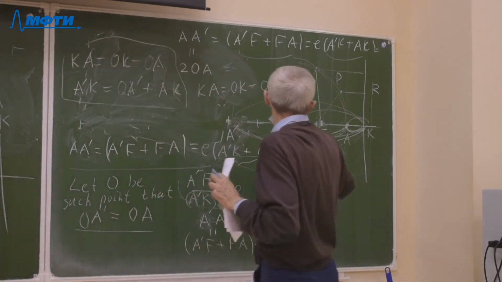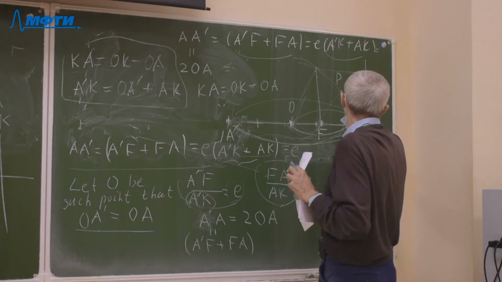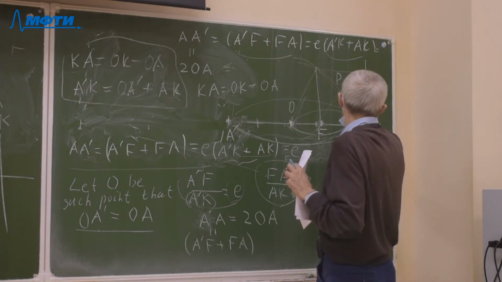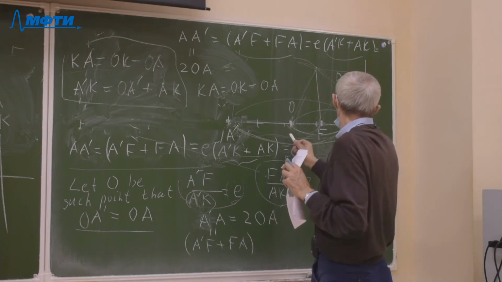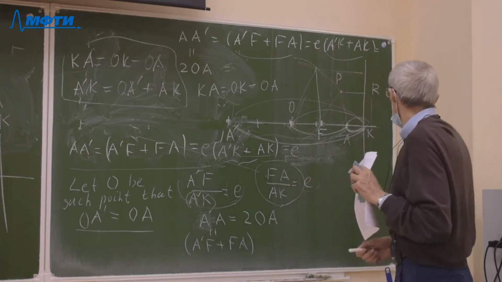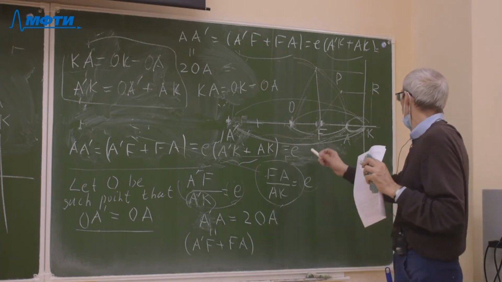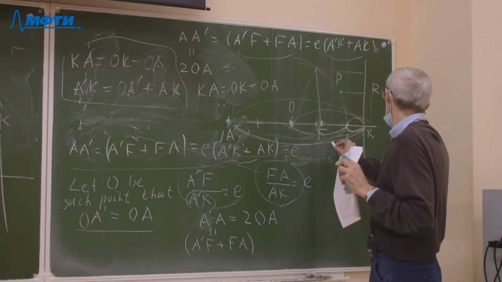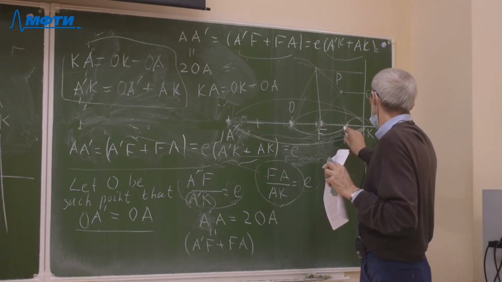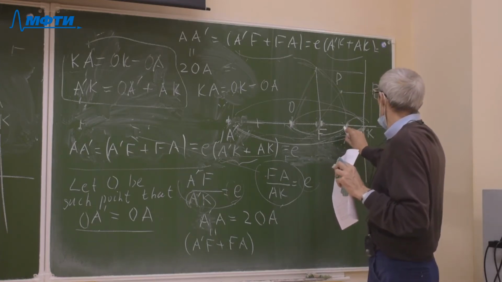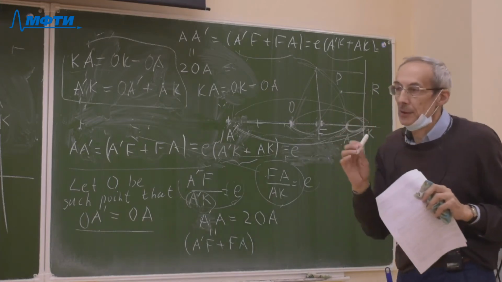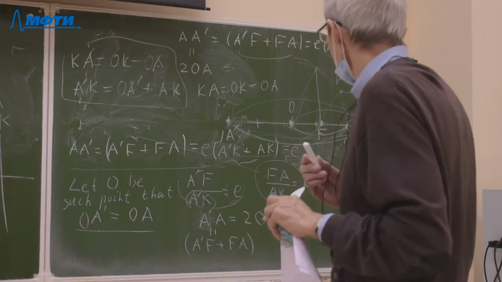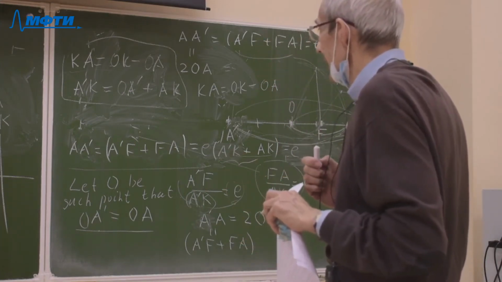KA is a difference between O and A. I'm sorry, that's... A prime K is then OA prime plus AK.